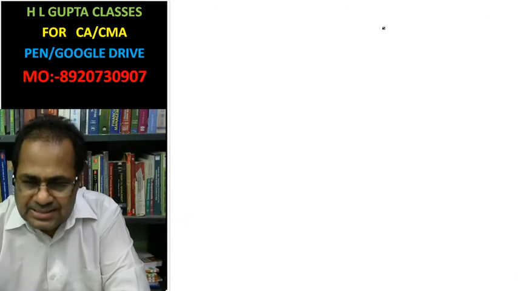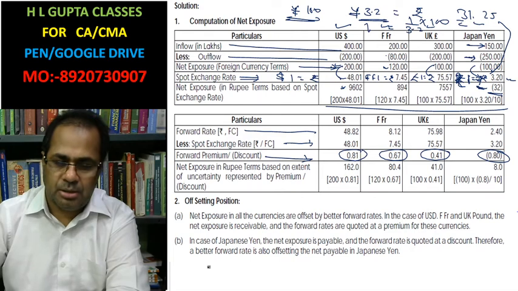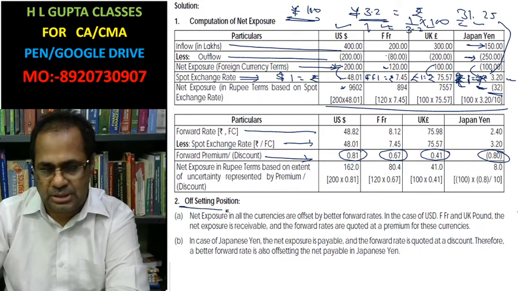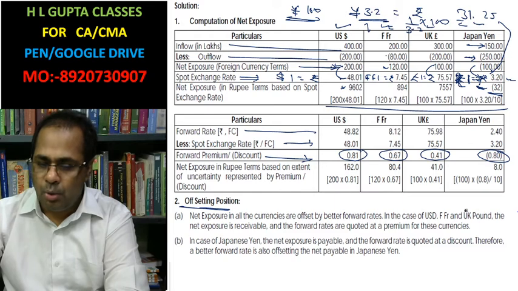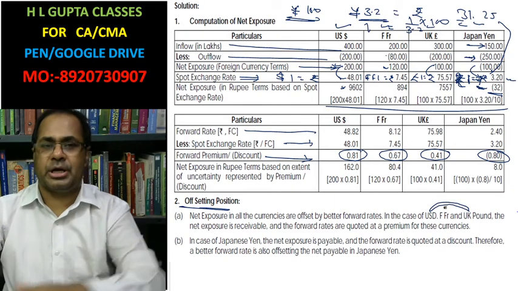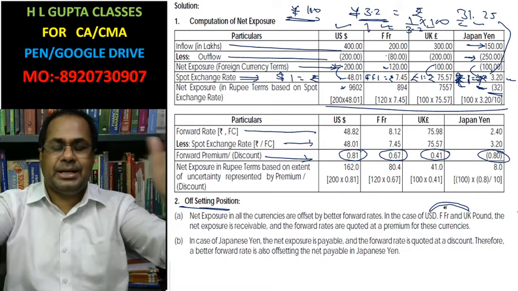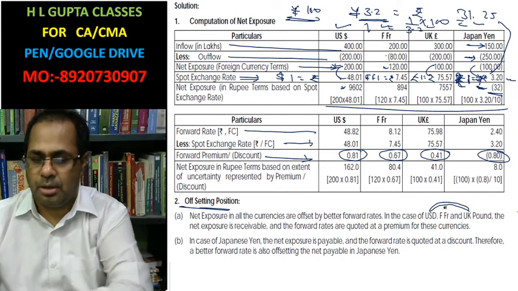Okay, in this case, what is written here you have to understand. Look here, offsetting the positions. Net exposure in the currencies is offset by the better forward rates in the case of the USA dollar, French franc and UK pound. Why the better forward rate? Because the foreign currency is going to appreciate in future, that's why that is better.